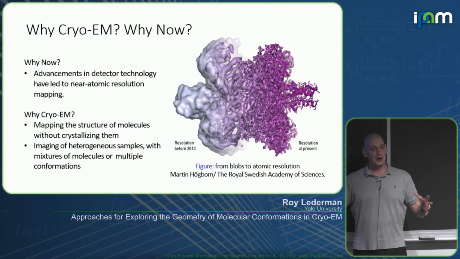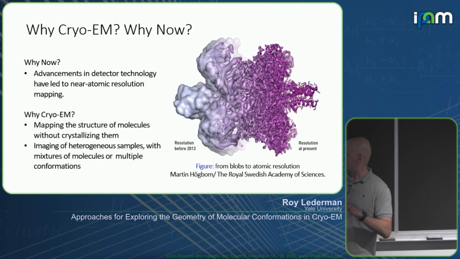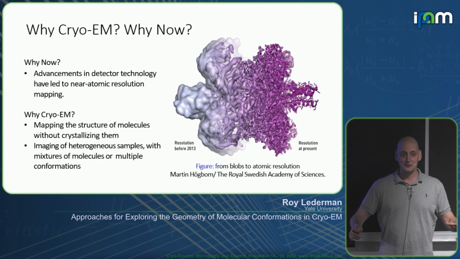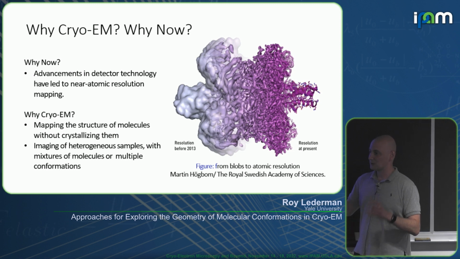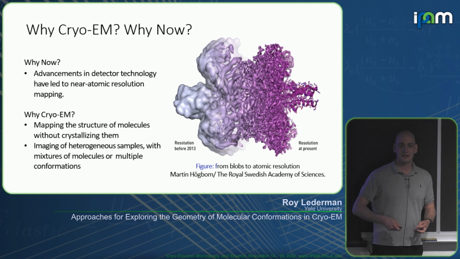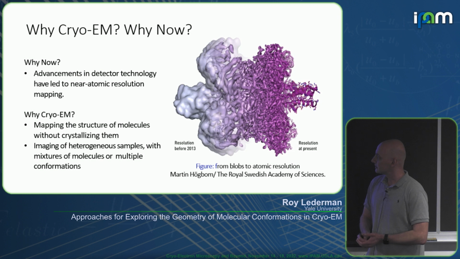A lot of people mentioned the models, so I'll just talk about this very briefly. Cryo-EM has been around for decades. I'll mention a paper from the 70s. But what happened in recent years is that advancement in detector technology really allows us to go to near atomic resolution.